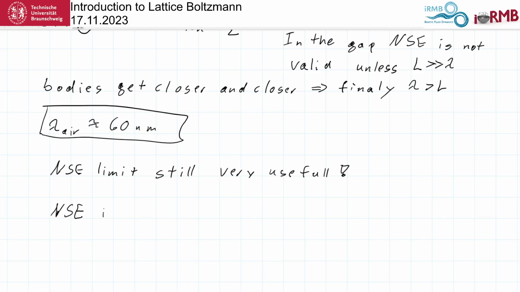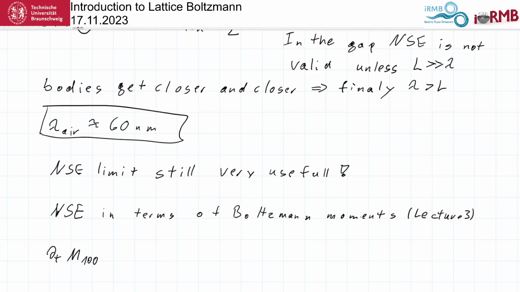Last time we derived the Navier-Stokes equation in terms of moments of the Boltzmann equation, to see what we have to do to get the Navier-Stokes limit of the Boltzmann equation. This was, of course, lecture 3. And there we got this moment representation.